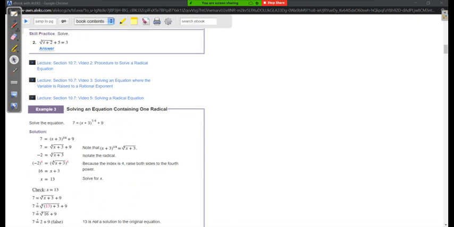Here is the whole point of what I've been trying to do. Okay, so let's begin. First up, it looks like we can just subtract 9 from both sides right away. Actually, no. Let's rewrite it, because we know what the 1/4 power is going to be. It's going to be 7 is equal to the 4th root of x plus 3, and then we have plus 9.